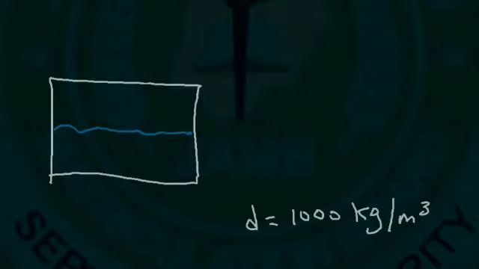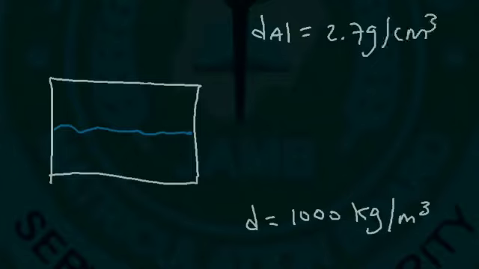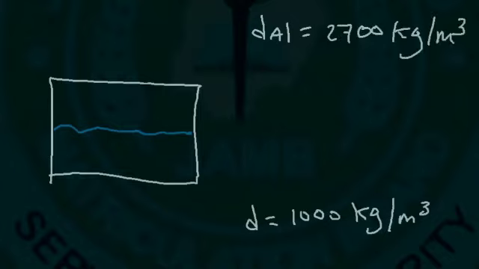Will it sink or float? The density of aluminum is about 2.7 grams per cubic centimeter, which is 2,700 kilograms per cubic meter. So because aluminum has a higher density than water, it will sink.